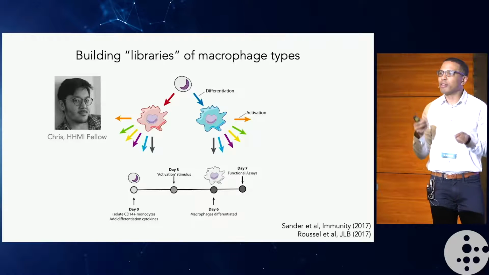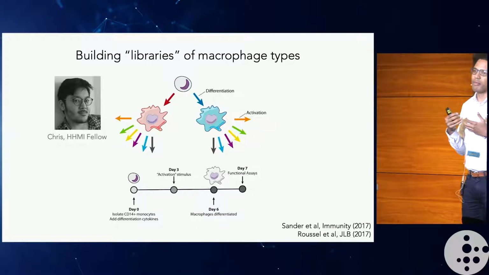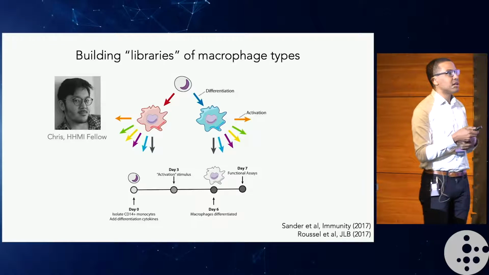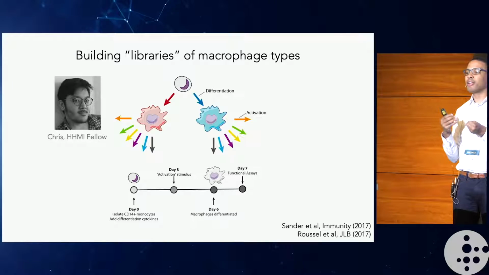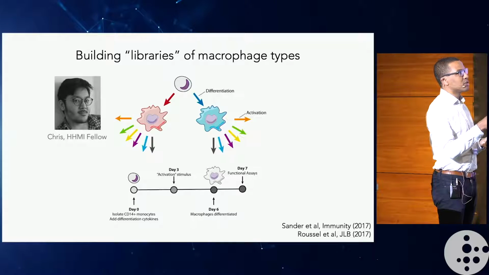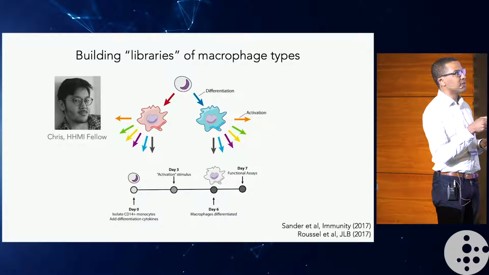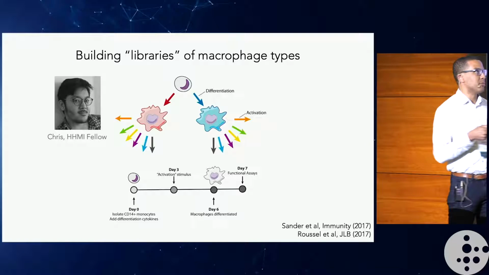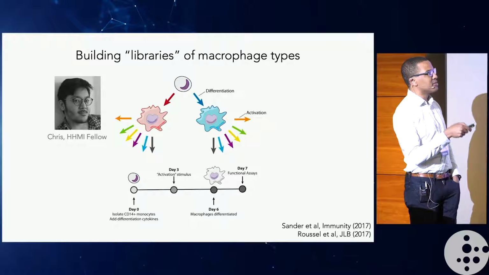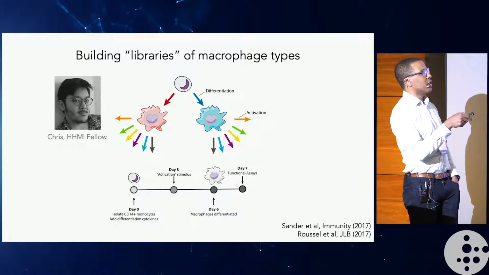Instead of just using two models of macrophages, what we started to do in our lab is build libraries of different macrophage phenotypes. We're a human macrophage biology lab, and I want to underscore that. By and large, we work with healthy CD14 monocytes that we get from healthy donors. We differentiate these macrophages using M-CSF or GM-CSF for 3 days.